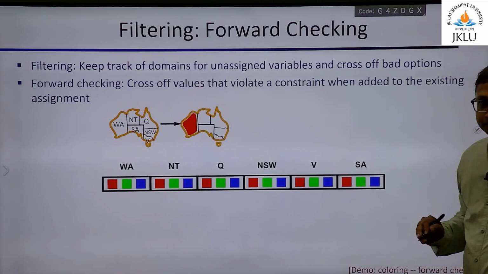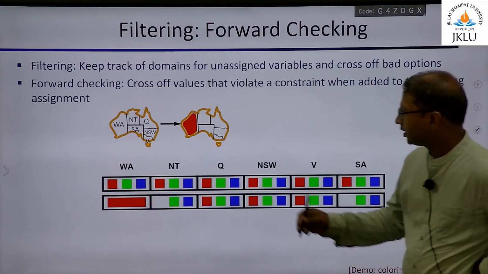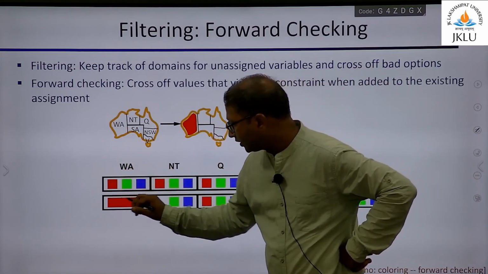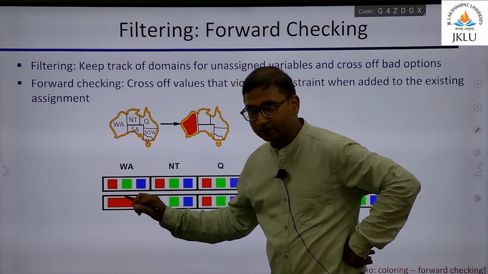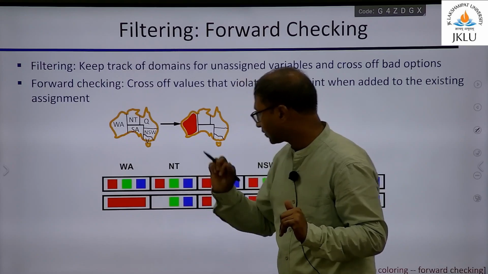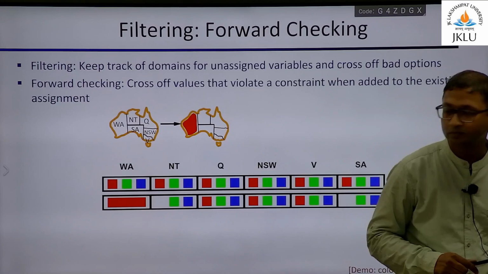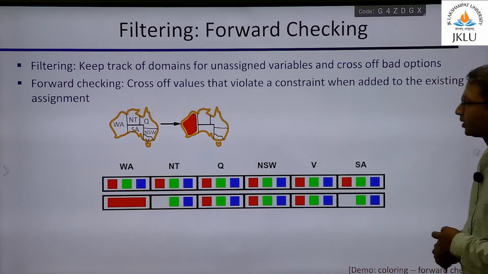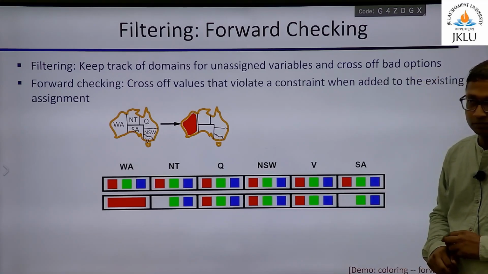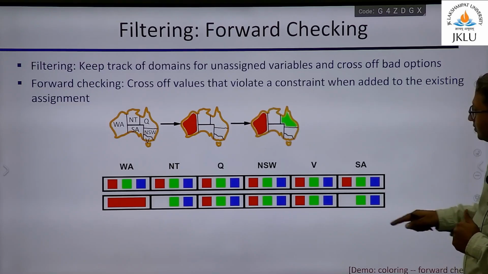What will happen? The moment you decide to color this, WA reduces to red. You have exhausted the choice among 3. This is now red. Why do we not see red here? And why do I not see red here? For the same reason. Now you tell me what will happen next.